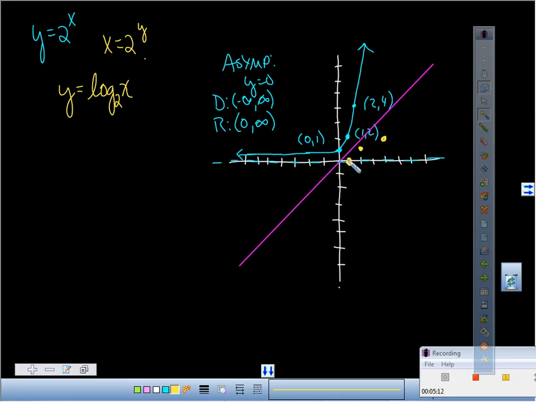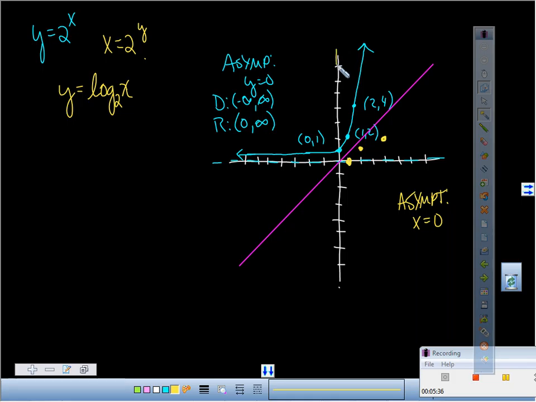Okay? Now, what is its asymptote going to be? This one right here is y equals 0. This one's going to be x equals 0. You got to switch those x's and y's, people. Okay?